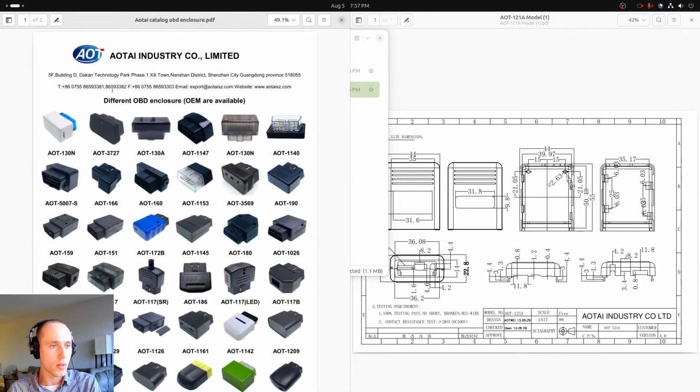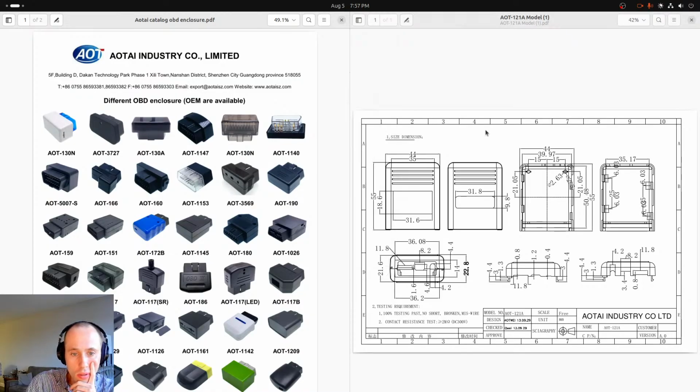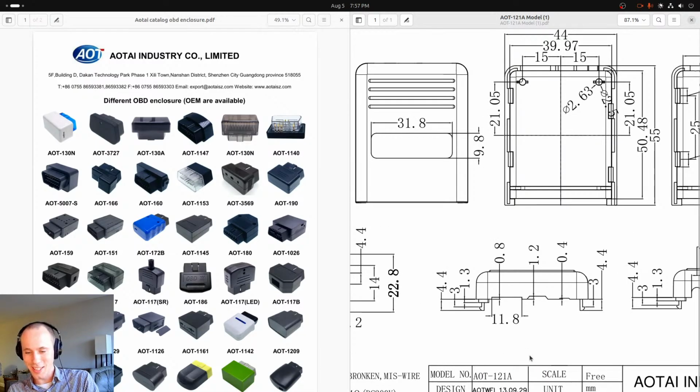Okay, so we have different ODB containers available to us. And which one is the one that he's thinking of? AOT121A. Where is it? Where are you?